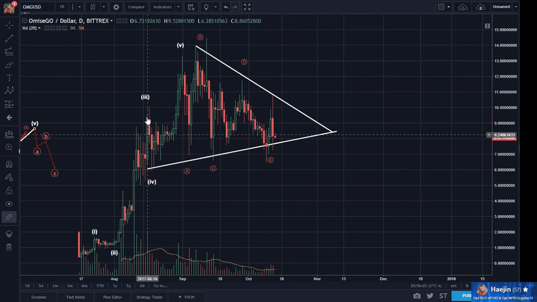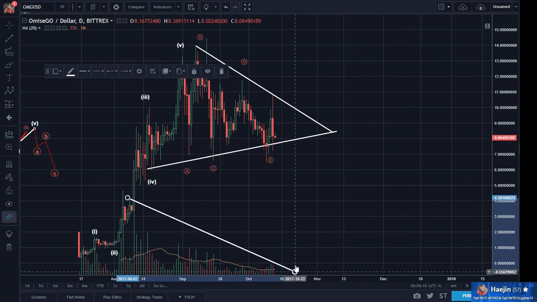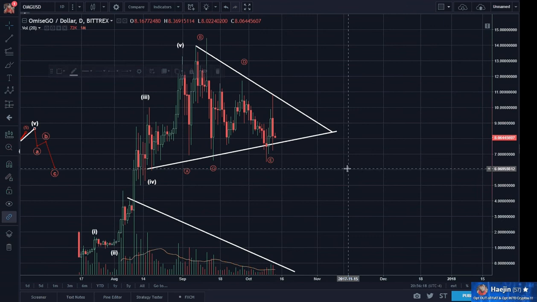The volume should have the same shape. Left shoulder volume should be lower than the head volume and the right shoulder volume. But instead, the volume is declining, like so, just exactly like what a symmetrical triangle should be doing.